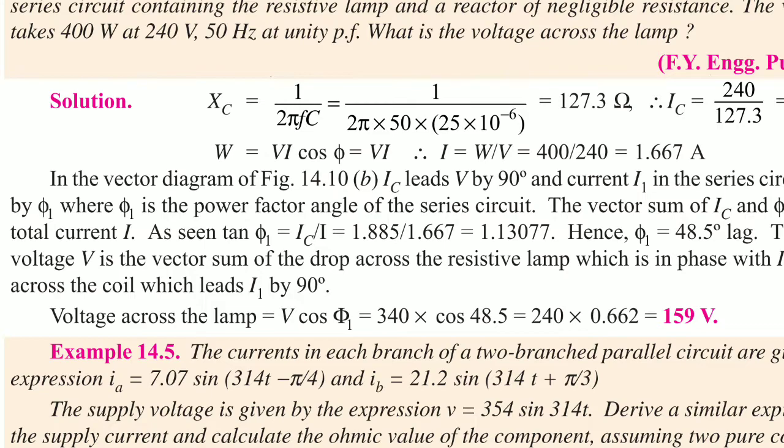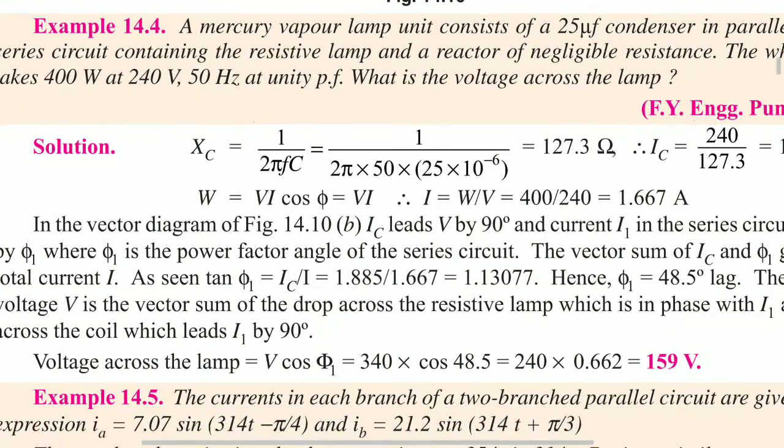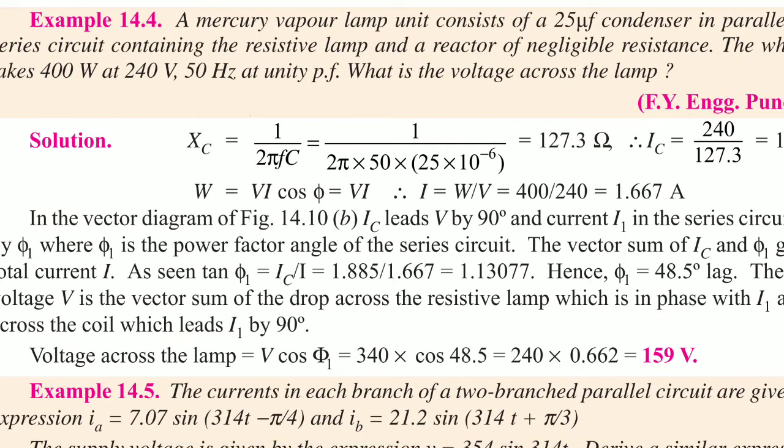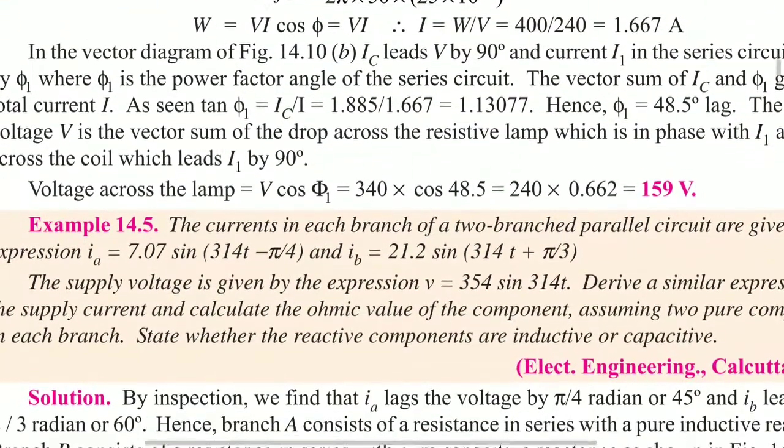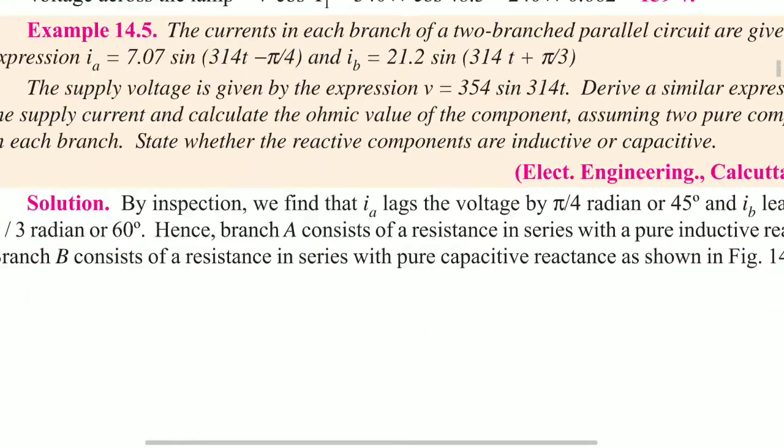V is 240 and cos phi 1 is 0.662. So we get 159 volts. The voltage drop across the lamp is 159 volts. So the problem is over. Go for another problem.